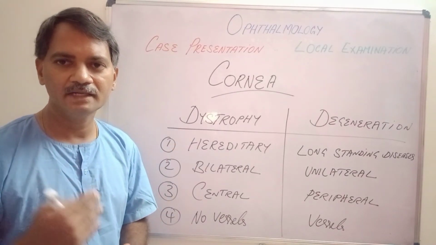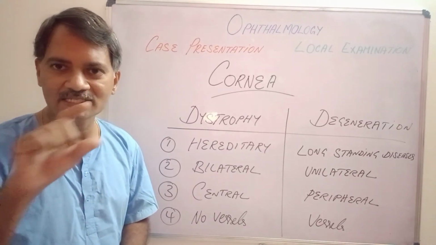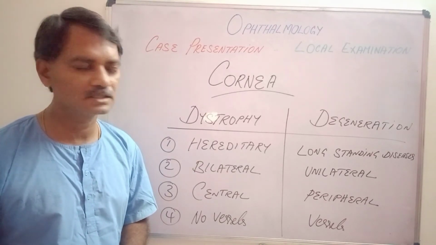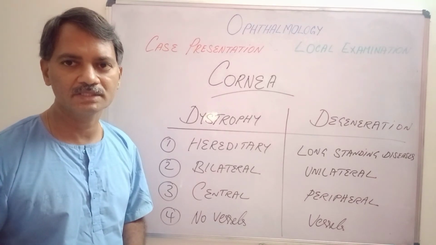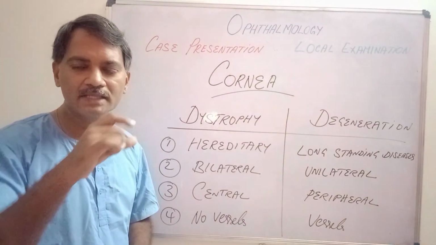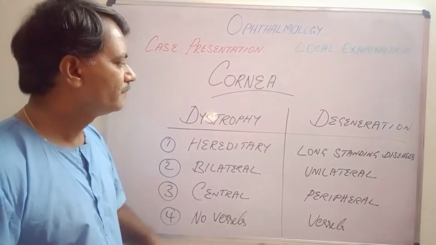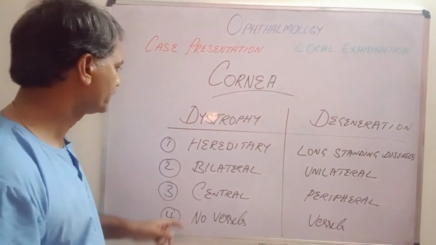All those things can lead to degenerations. Degenerations include calcific band keratopathy and Salzmann nodular degeneration. Multiple nodules in the periphery will be present. You have a band-like opacity in the inferior aspect of the cornea. So that is about long-standing diseases leading to degenerations.